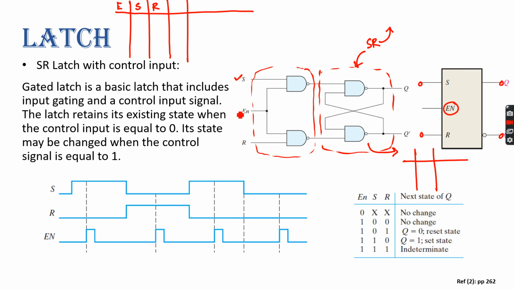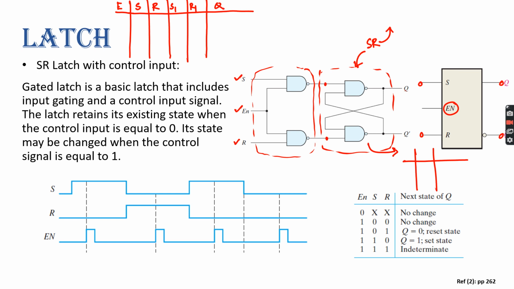So these are these three inputs, and suppose we are giving this input and this input some name. So suppose this is my S1, this is my R1, and this will be my final output Q.